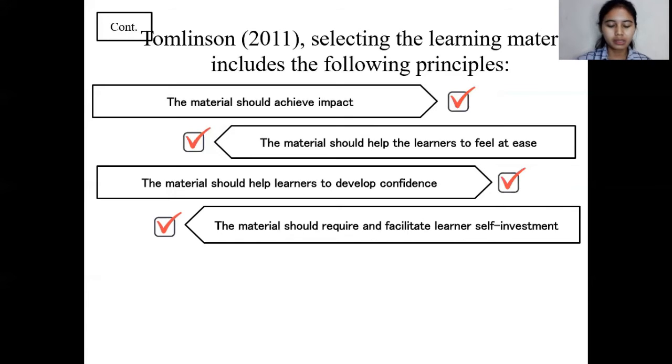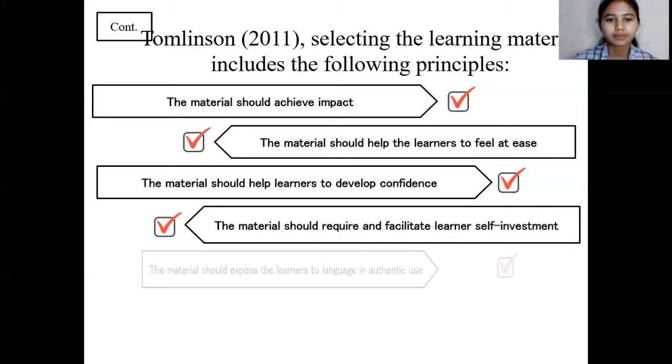For example, the material has an activity like a mini project, so they can work in a group, and then they have responsibilities to make decisions with their group. They can work as a team together, so it is good for them when the material facilitates self-investment for the learners.